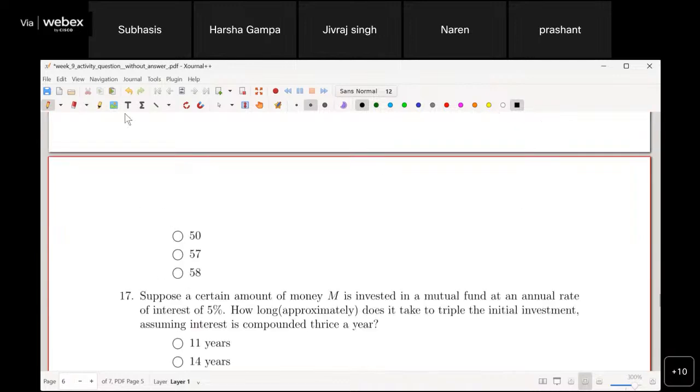Activity 5.5, sir. Questions 5 and 6. How can we check? Here the hint is given that check from the given options. Sir, can you see the questions? Yeah, I can see the questions.